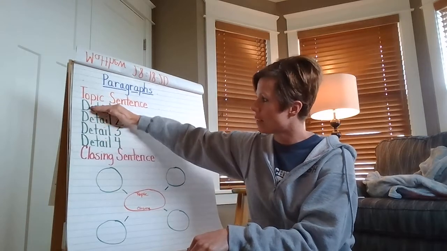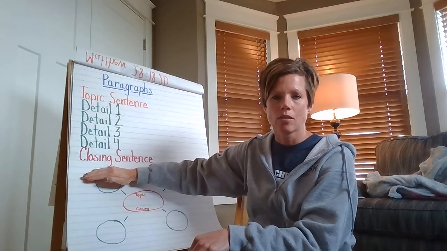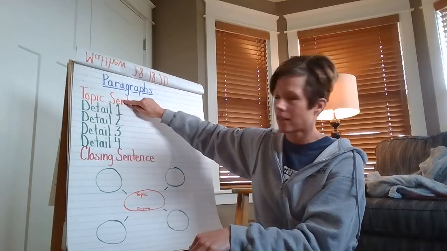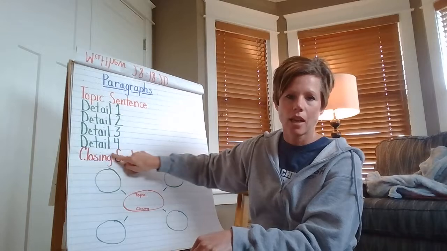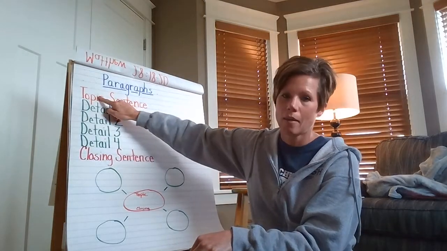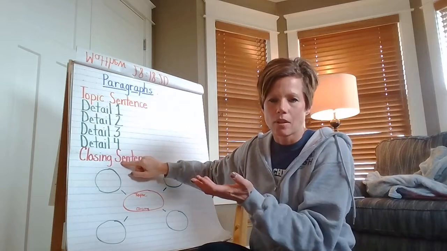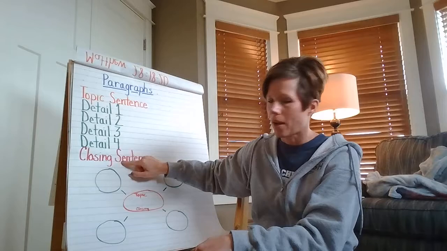Once you write a sentence for each detail, then your paragraph ends with a closing sentence. It's not the exact same sentence as the top, but it does contain the same topic again. It kind of wraps it up, lets you know that you're at the end of that topic, okay?